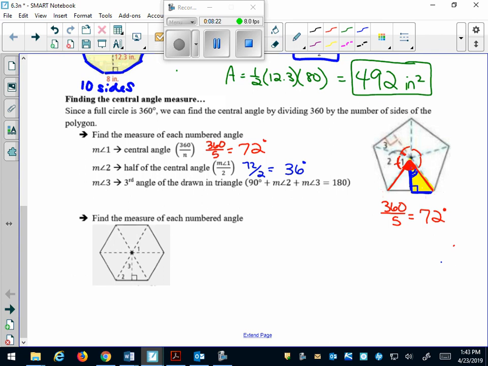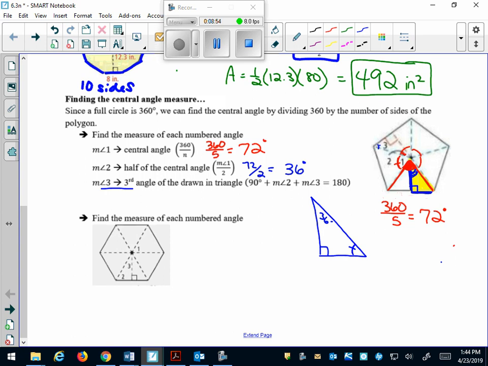Now, in all of these regular polygon problems, I'm going to ask you to take that key triangle, that yellow triangle, and pull it out and redraw it and label it. We have this is 36 degrees now. The next thing they're asking us for is the measure of angle 3, which is up here, but in this triangle, it's this one.